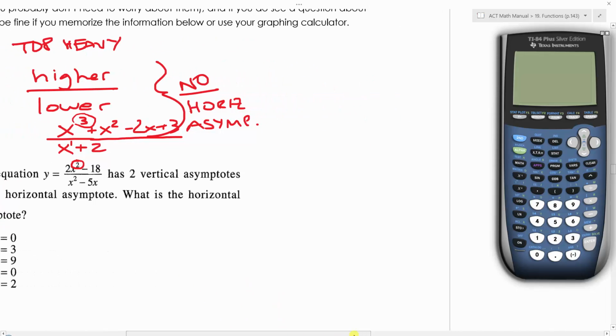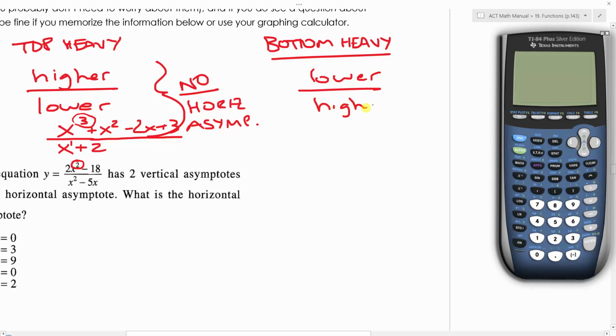I apologize, I'm going to run out of room here. We'll just write at the bottom of the page. If we have a bottom heavy rational function where the numerator degree is lower than the denominator, we could just take the reciprocal of this. I'll make up a new one.